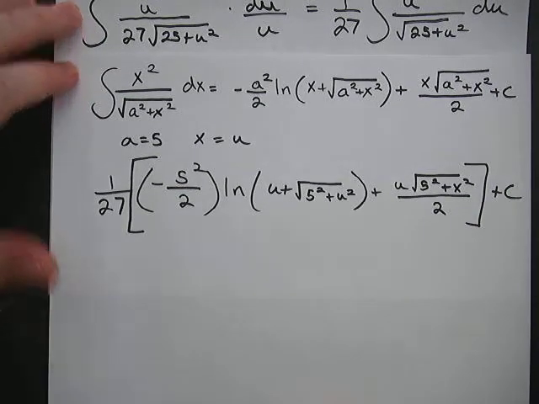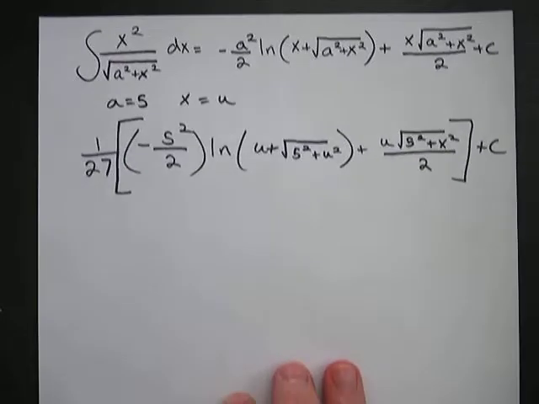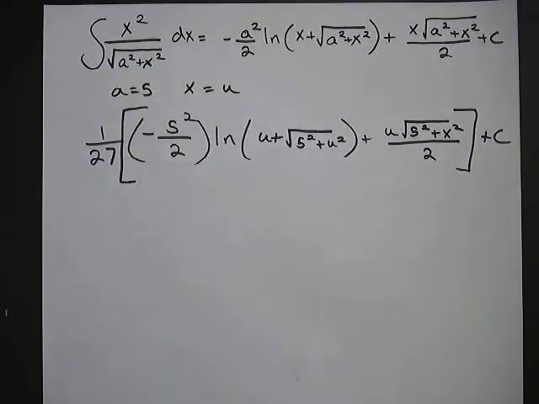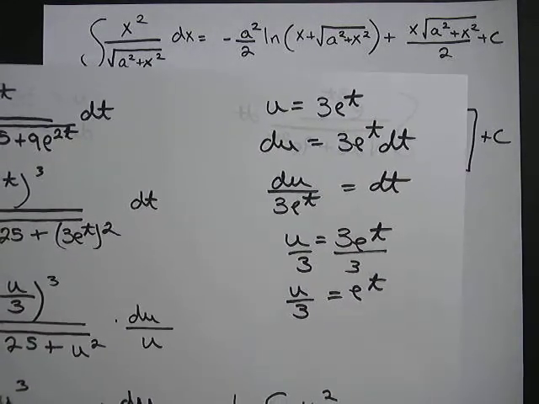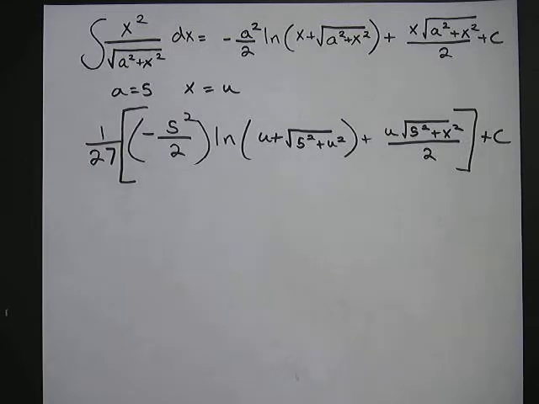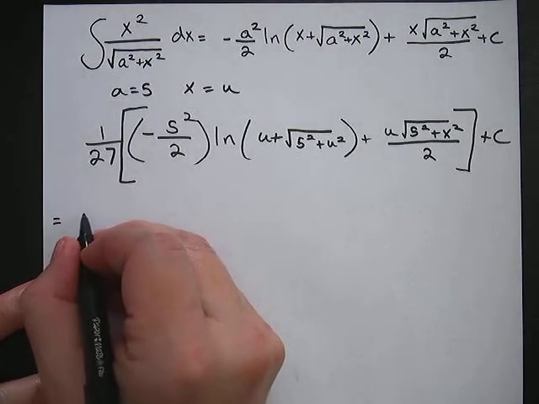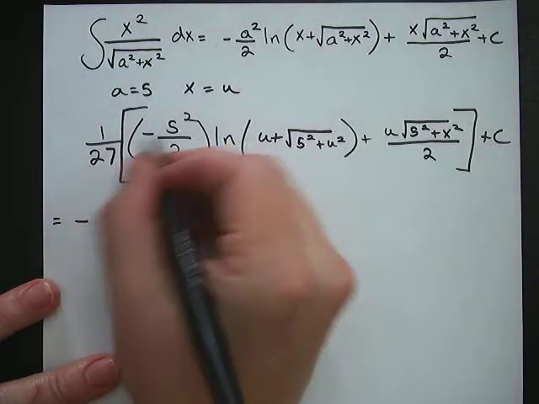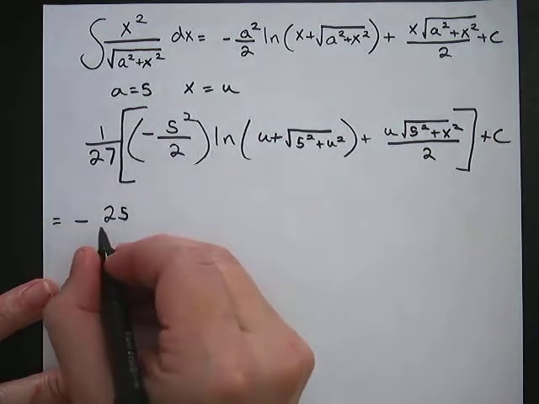Okay, so that's our answer, but that's our answer in terms of u. Remember, our substitution was this. So u is equal to 3e to the t. So everywhere I see a u, that's what I need to write. So I get, let's bring the negative out front. So negative 25 on top, and the 27 times 2 is 54.